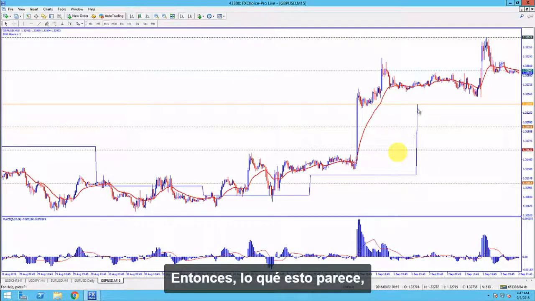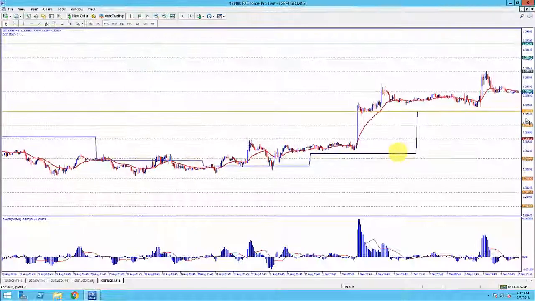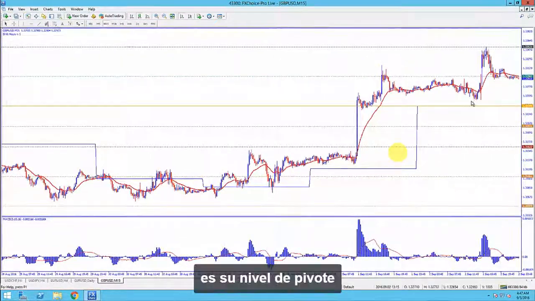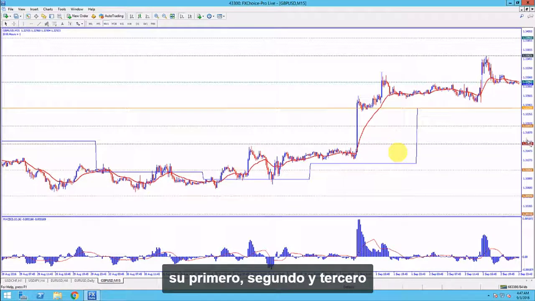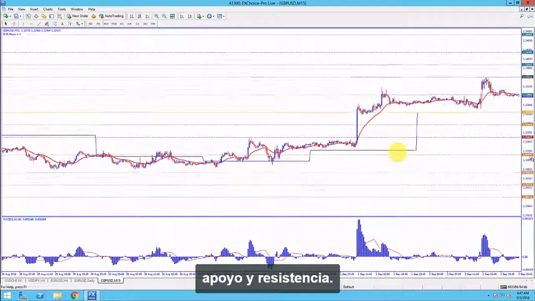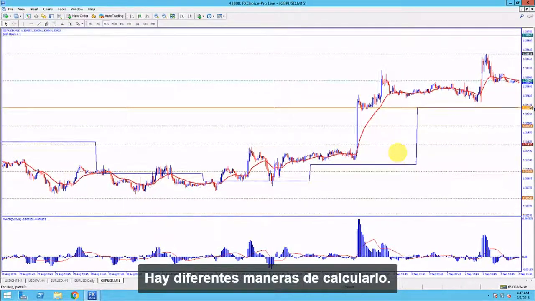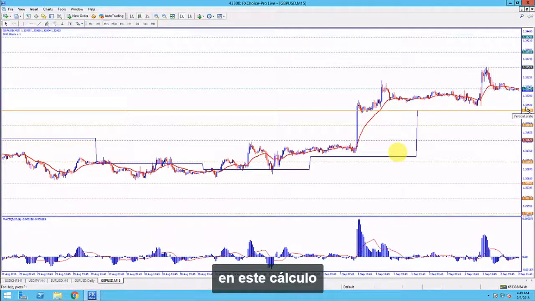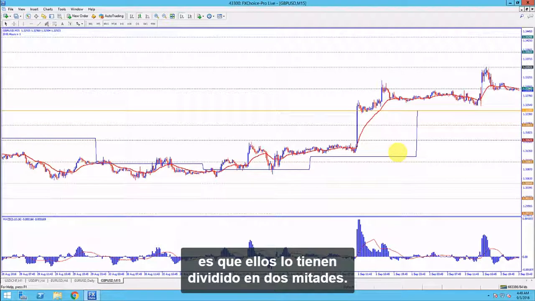So what this looks like, it draws from the prior days, lagging. What you have here is your pivot level and your levels in between your first, second and third support and resistance. There are different ways to calculate it, and the way it looks here, they have it broken down into halves.